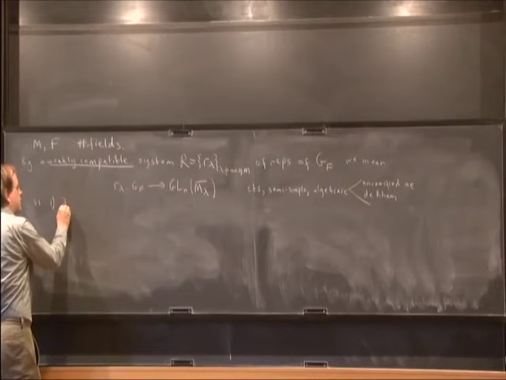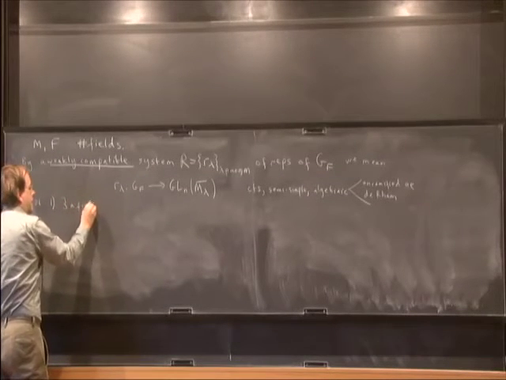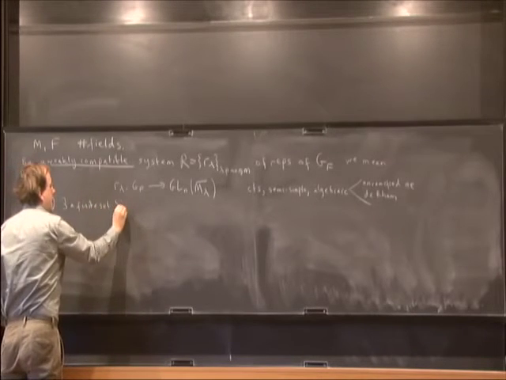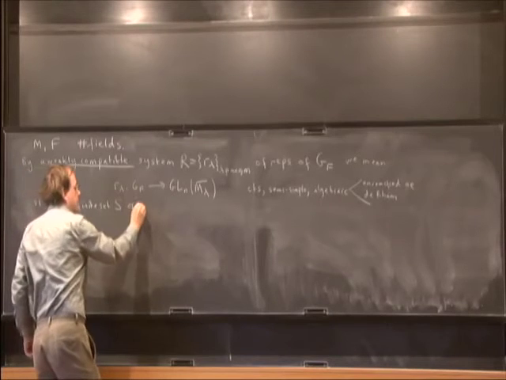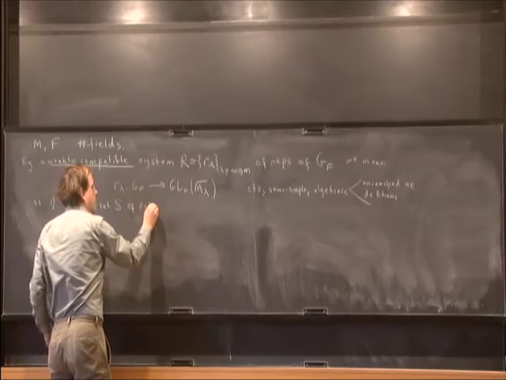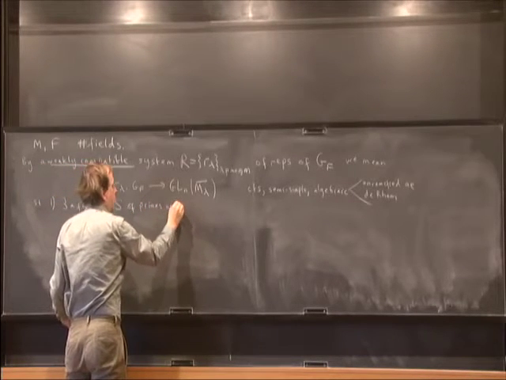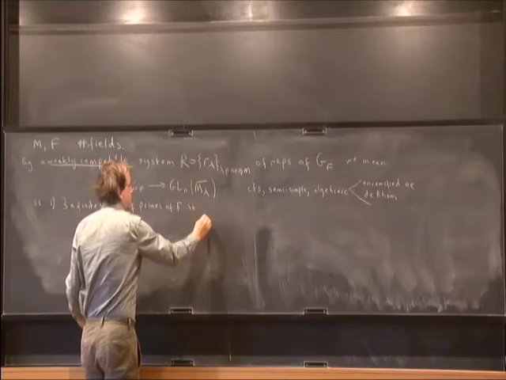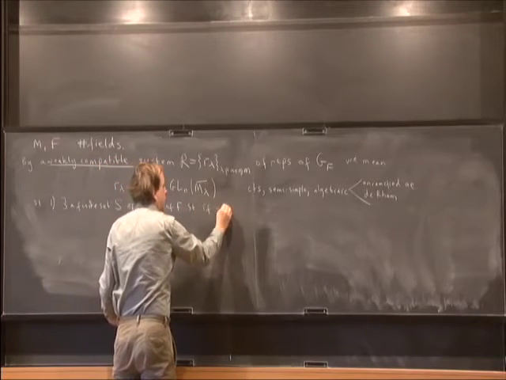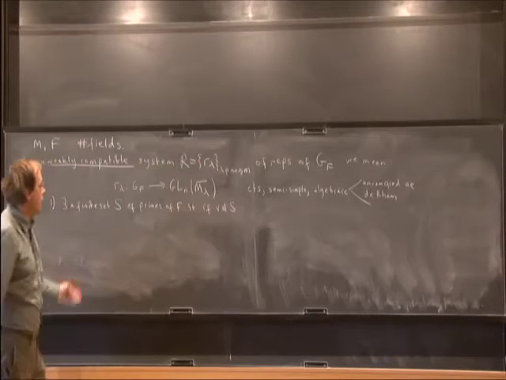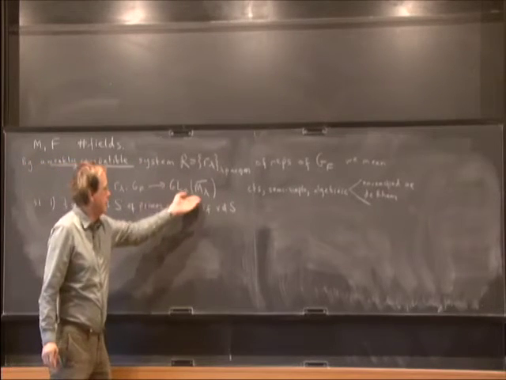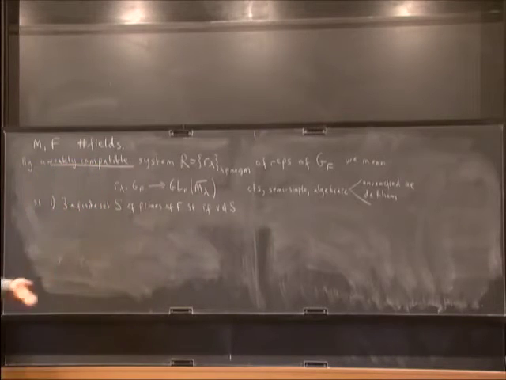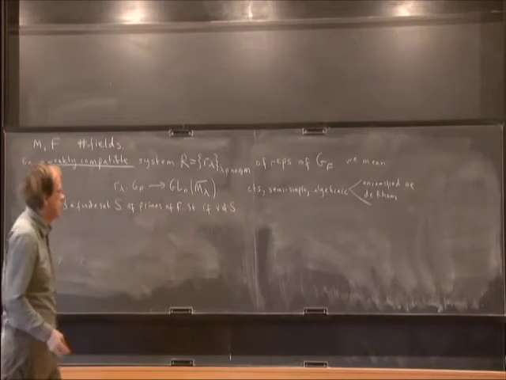So there exists a finite set S of bad places of F, such that if v is not in S, well, the representation should be unramified unless the residue characteristic of v is the same as the residue characteristic of lambda, where it should be the corresponding thing, which is crystalline.